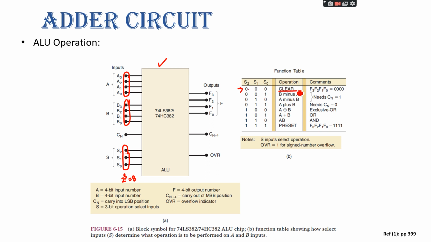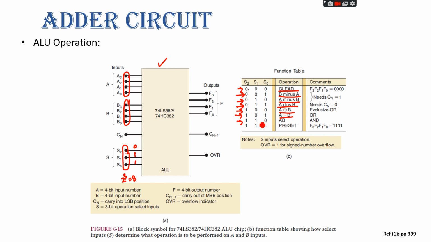if you give 0 0 0, it will clear the memory. If you give the control command 0 0 1, it will do B minus A. If you do 0 1 0, it will do A minus B. If you give control command 0 1 1, they will add A plus B. Then if you do 1 0 0, they will do exclusive OR of A and B. If you do 1 0 1, they will do the OR operation.